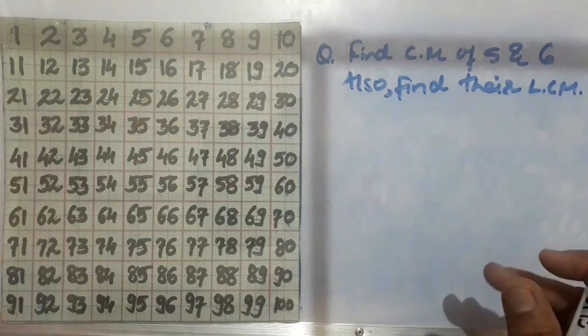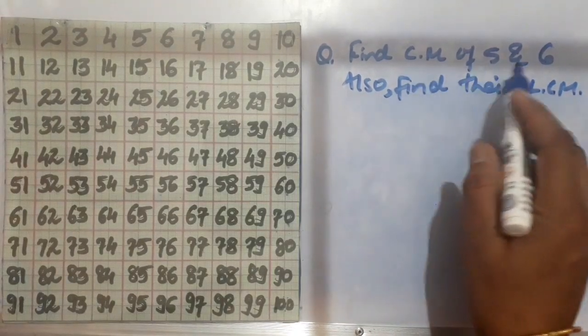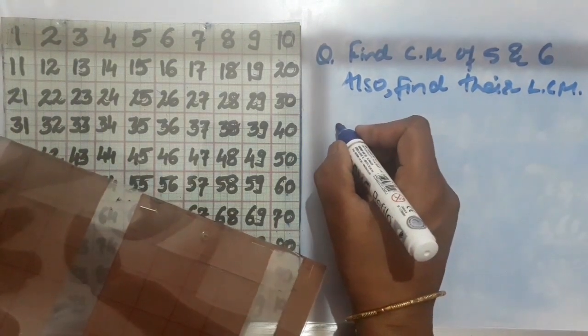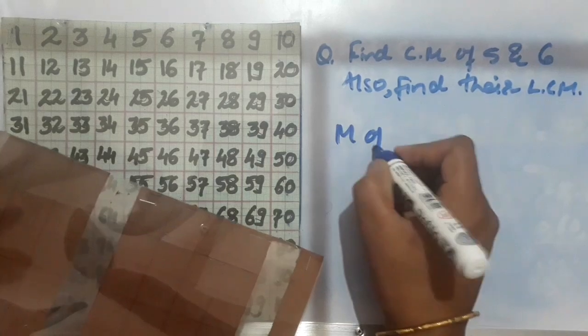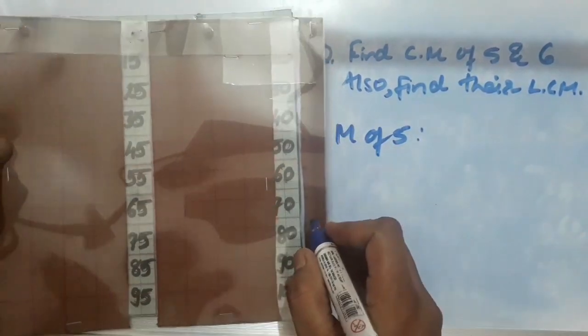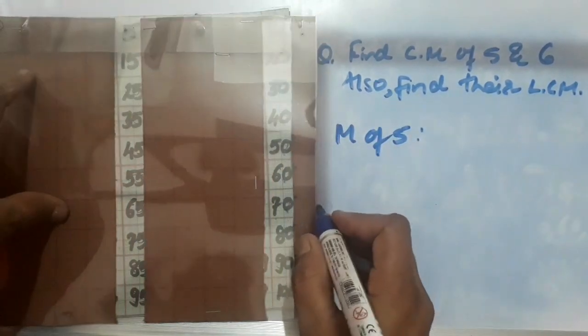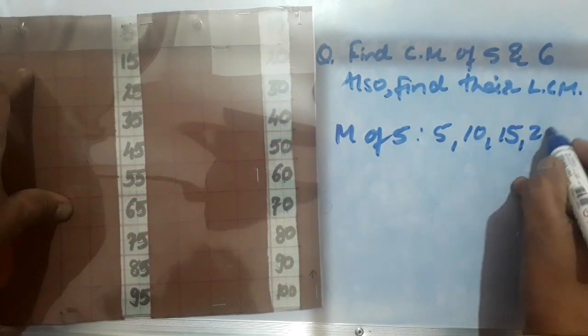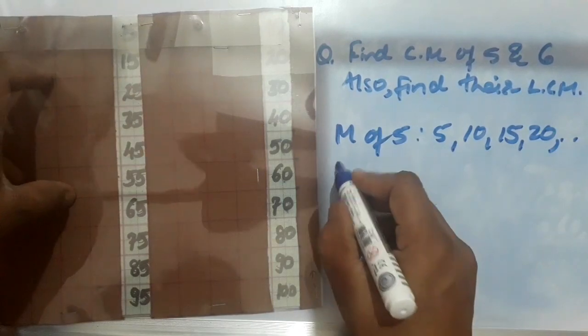Now let's find out common multiples of 5 and 6 and find their LCM also. So first of all we will find out multiples of 5. So here you can see the numbers which are multiples of 5, 5, 10, 15, 20 and so on.